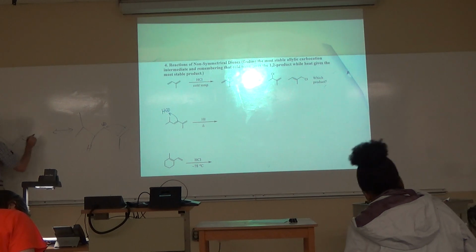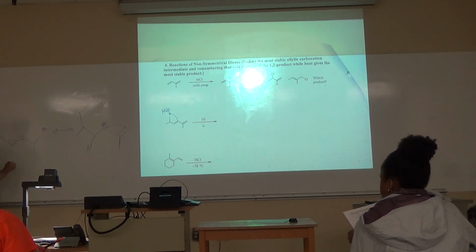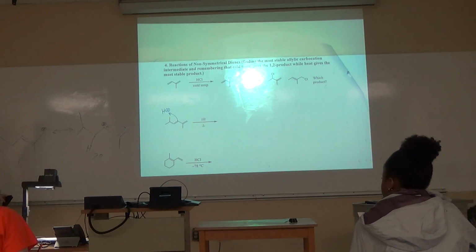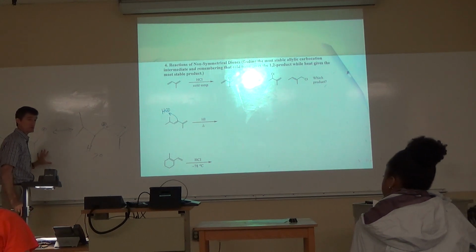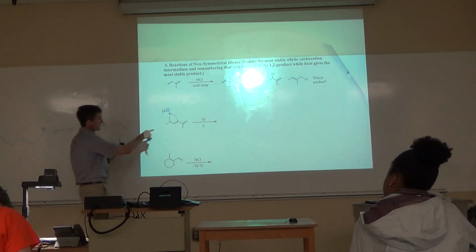Where's the plus now? There you go. There's our resonance stabilized allylic cation from that attack. Primary and secondary. Is that right? The true structure is a blend, it has characteristics of both, just like a pink has characteristics of both red and white. But what if we reacted over here?